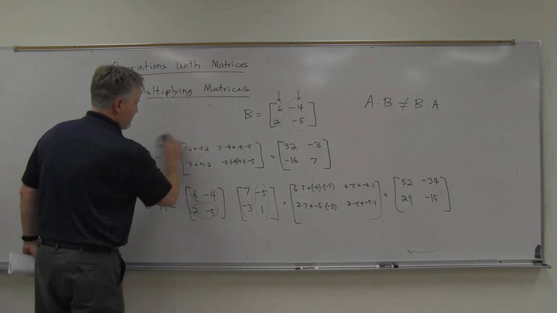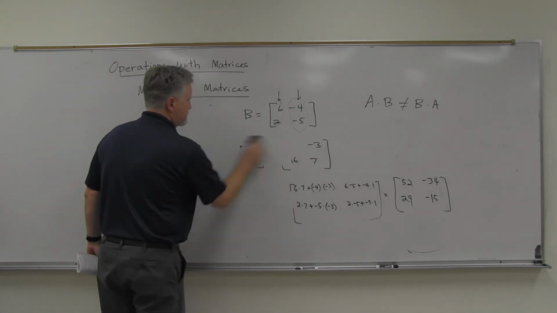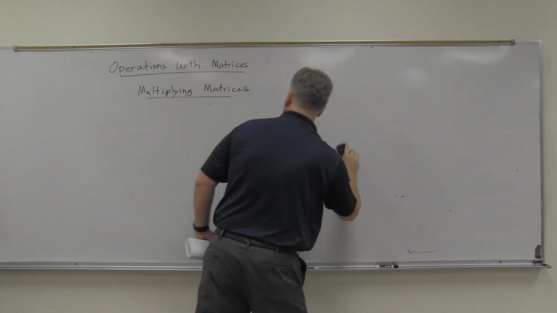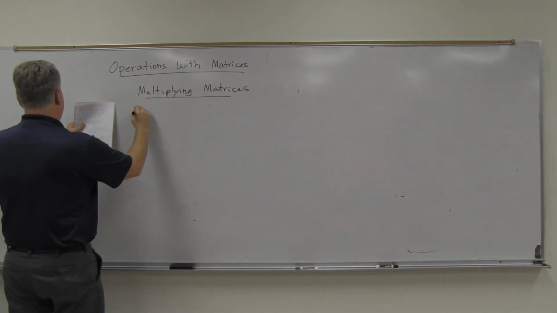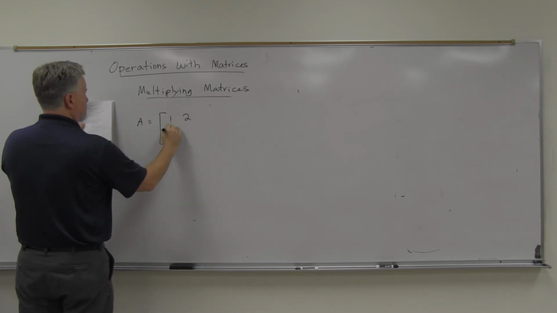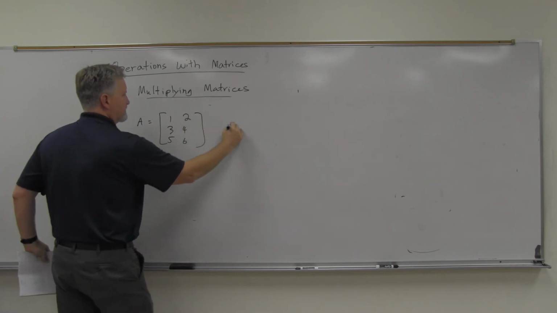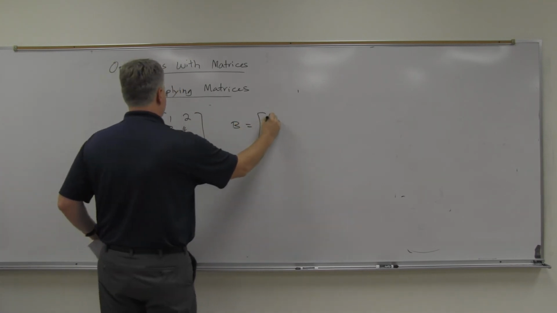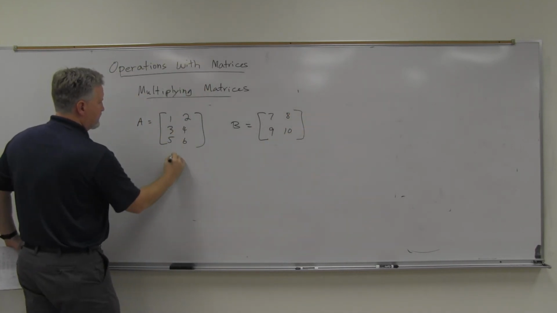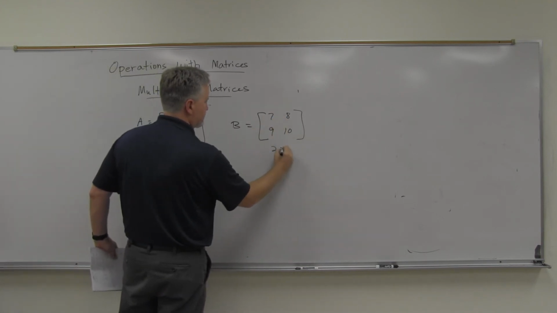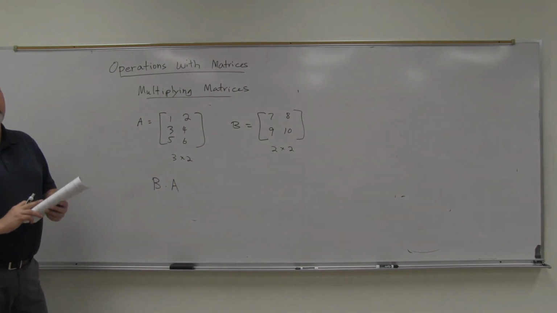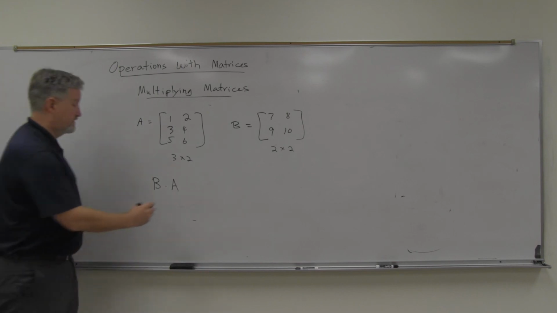The only other thing I would mention is, if I tried, what was my first two back here? Go back to these first two. So this is a 3 by 2, and this is a 2 by 2. So could I even do B times A? We did A times B on those, but could we do B times A?